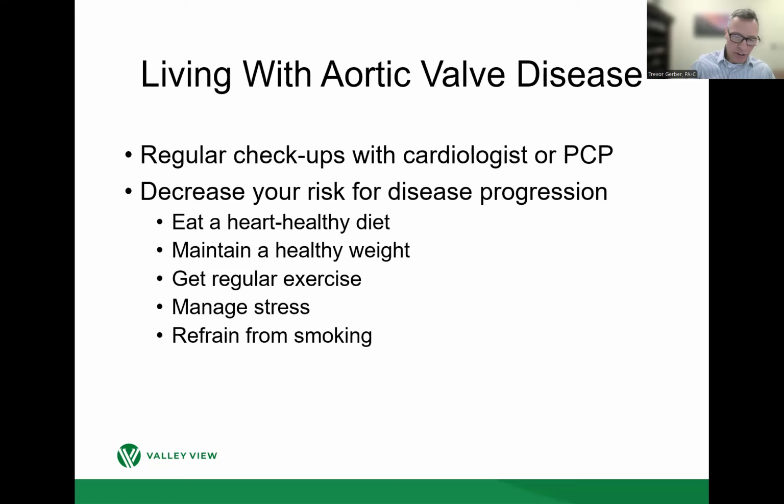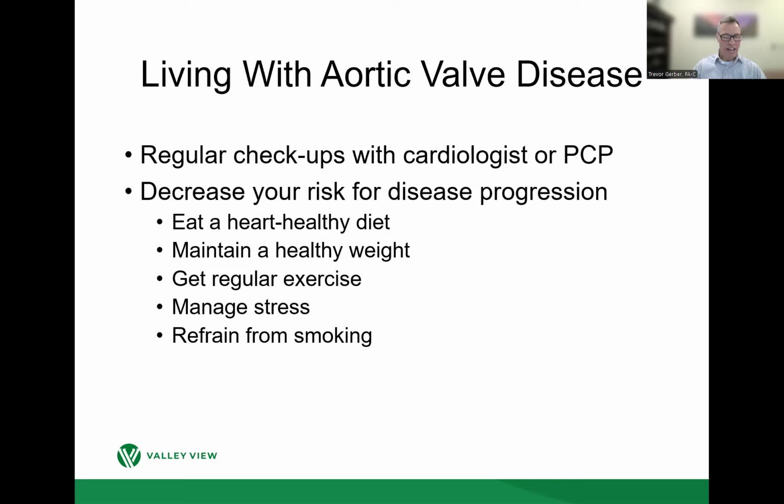Once diagnosed with aortic valve disease, it's important to have regular checkups with your cardiologist or primary care physician. Things you can do to decrease your risk for progression of aortic valve disease include eating a heart-healthy diet, which is a diet rich in fruits and vegetables, low-fat dairy products, poultry, fish, and whole grains.